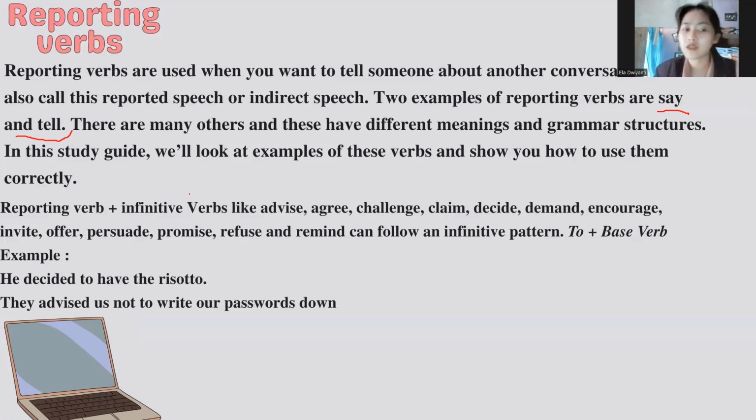Reporting verb, the first one: reporting verb plus infinitive verb, like advise, agree, challenge, claim, decide, encourage, persuade, promise, refuse, and remain can be followed by an infinitive: to plus base verb. For example, he decided to have the risotto.